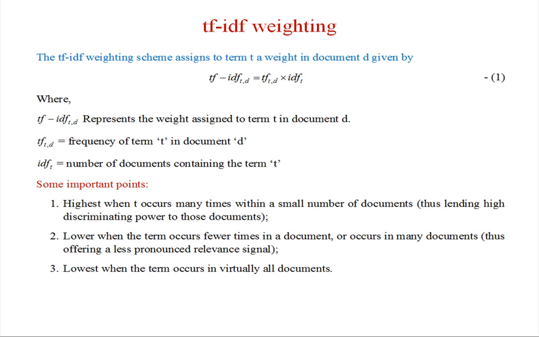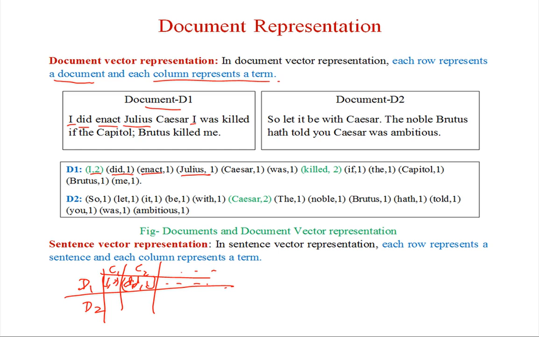Now, the TF-IDF weighting. Actually, the problem is that some words in a document show very high frequency, some show very low frequency, and it is not always necessary that highly frequent words are important.